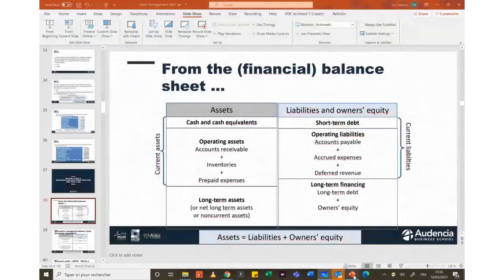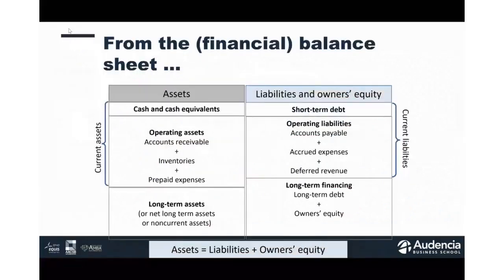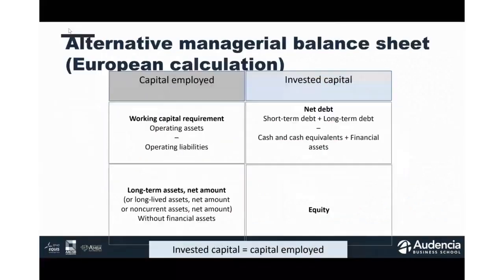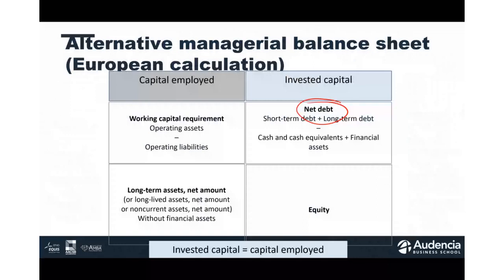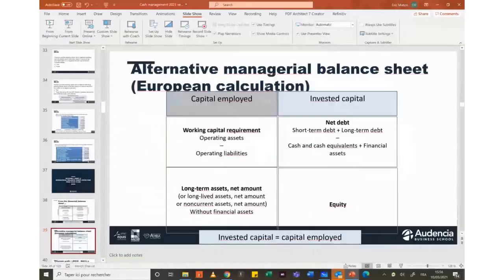So we want to transform the balance sheet in the financial report into the managerial balance sheet. We can have a managerial balance sheet with a net debt on the right, but I prefer normally to keep the financial assets on the left. So sorry, I will transform, and I will consider a different presentation. I keep the gross debt here.